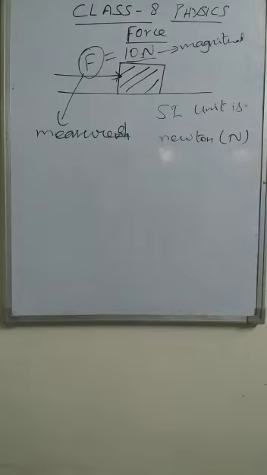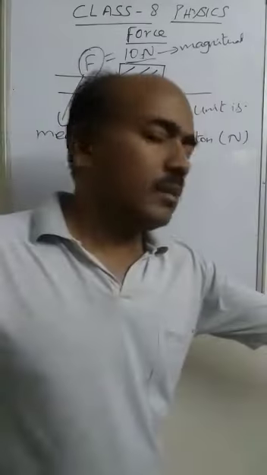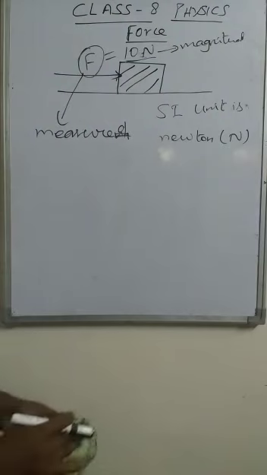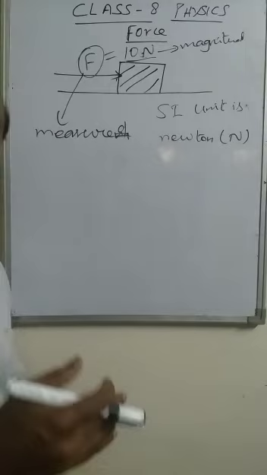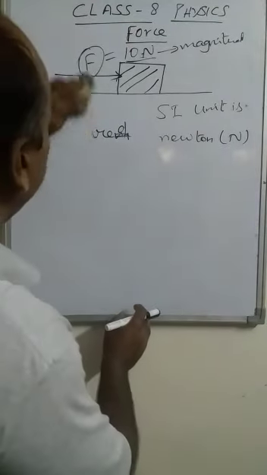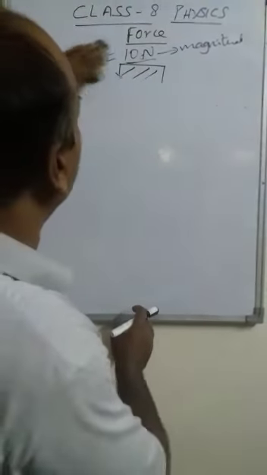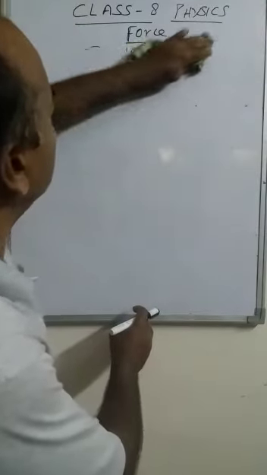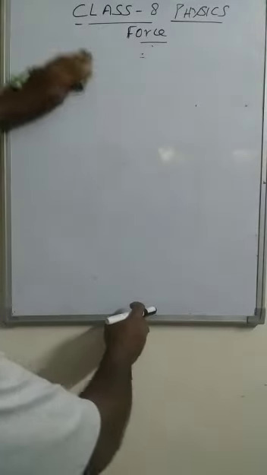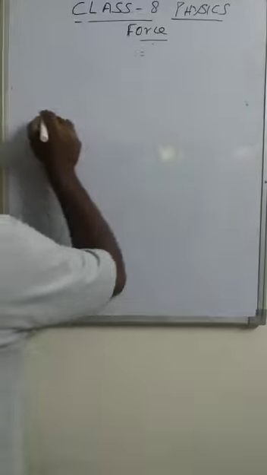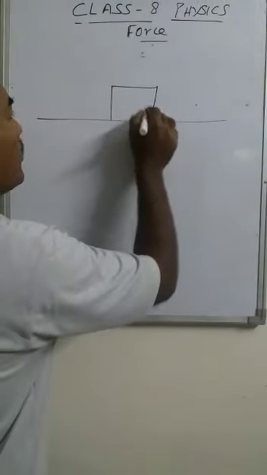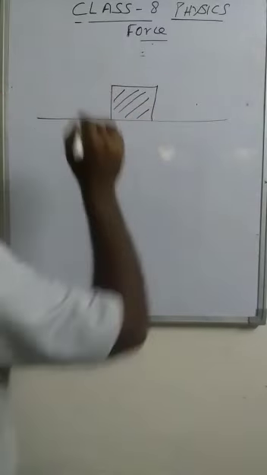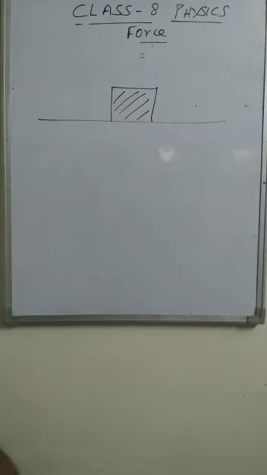Many forces can be applied on this object, but for our convenience, we are going to take only two forces applied on this object. For this, again we are going to take a horizontal surface. On this, we are putting an object. On this object, we are going to apply forces.